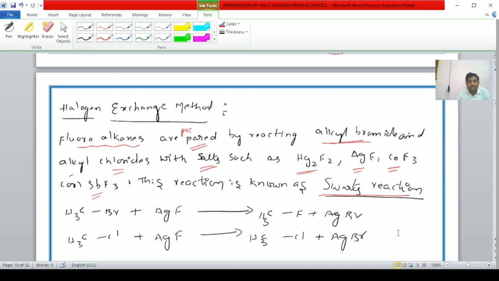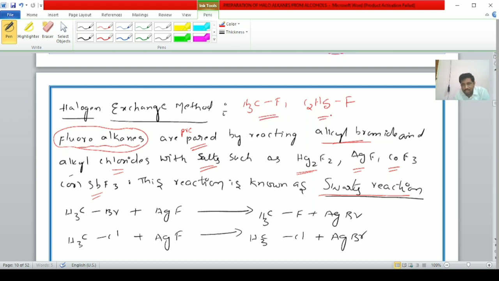That is, students, generally fluoroalkanes are impossible to prepare from alcohols and from alkenes also. But by using the halogen exchange method, we can prepare fluoroalkanes also, like fluoromethane and fluoroethane molecules.